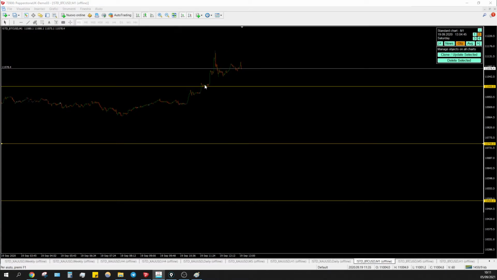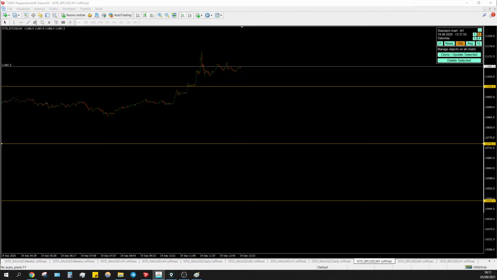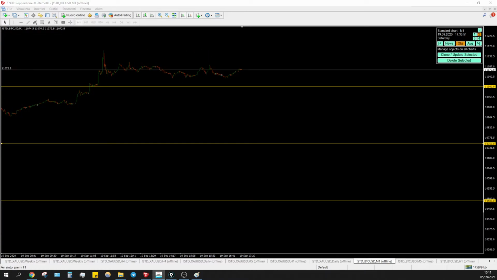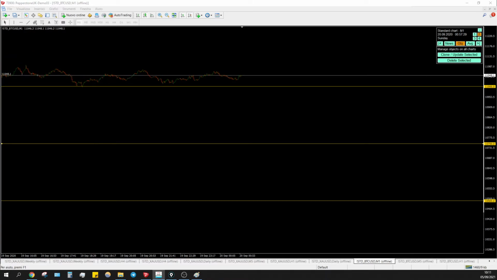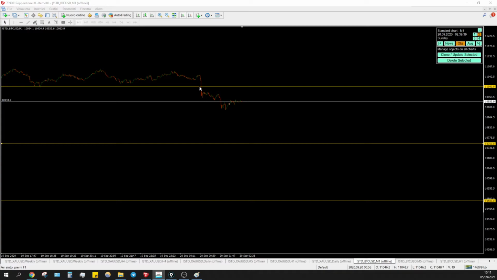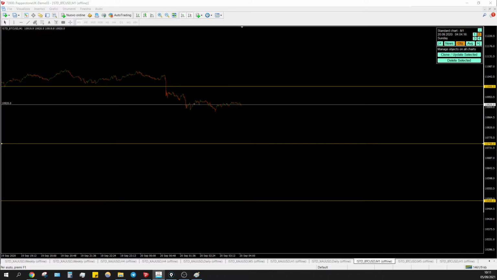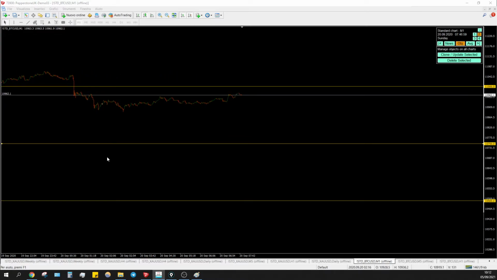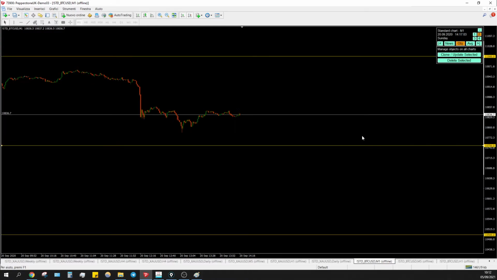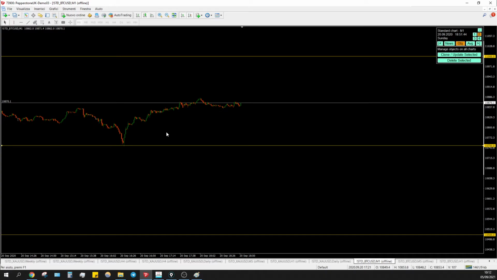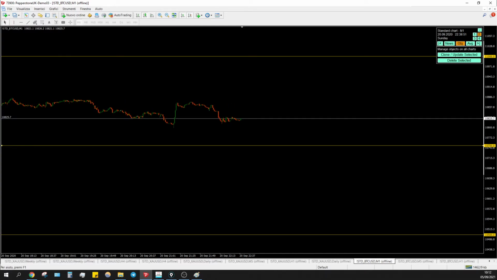Break and retest. So indeed a strong yes. Tapping, failing to break below, as you can see. Very strong, impulsive move. Tapping 750.